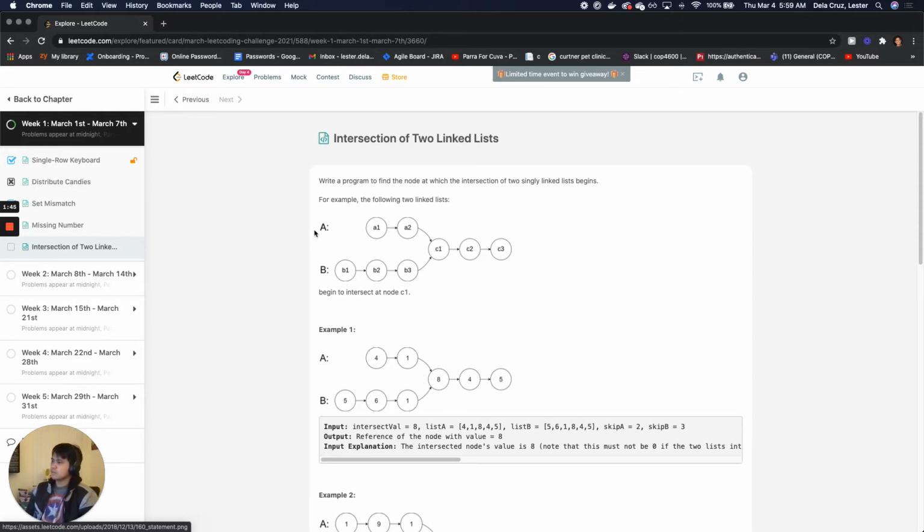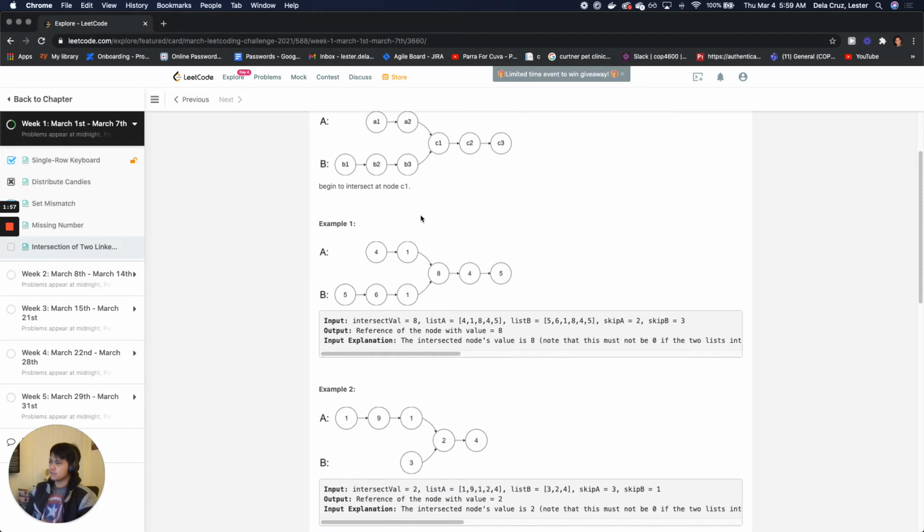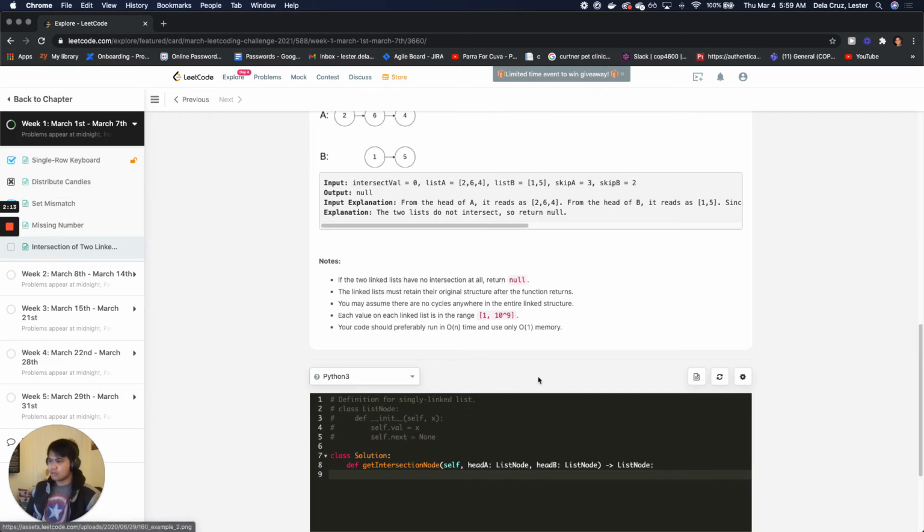So we need to know the difference between this length and this length, and we can do that just by counting the number of nodes. That would still be O(n) time, so it would be 3n, because you do the two counts, figure out where to start, and then do another n. That's still just O(n).